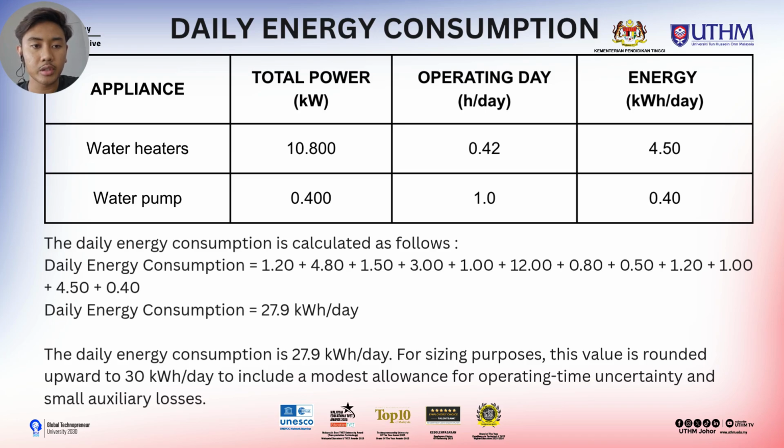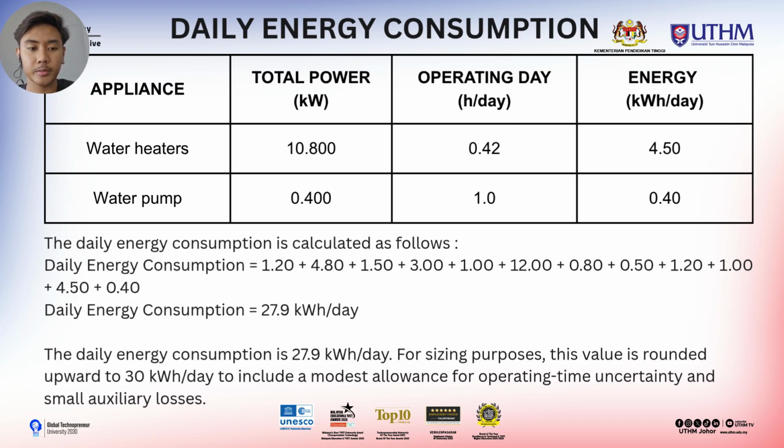The water pump has a power rating of 0.4 kilowatt and operates for 1 hour per day, consuming 0.4 kilowatt hours. After adding the energy consumption of all appliances, the total daily energy consumption is 27.9 kilowatt hours per day. For sizing purposes, this value is rounded up to 30 kilowatt hours per day to allow for small operating uncertainties and system losses.